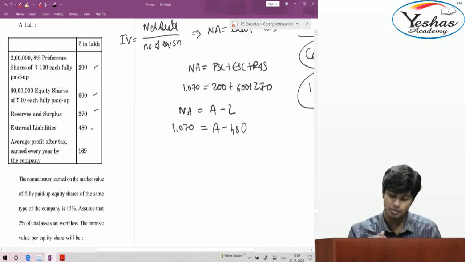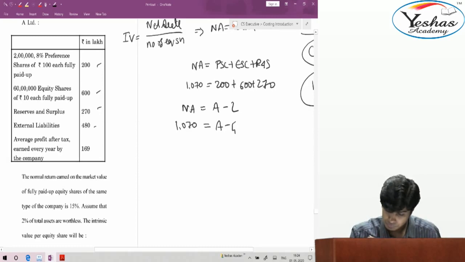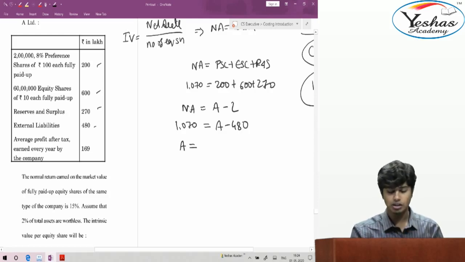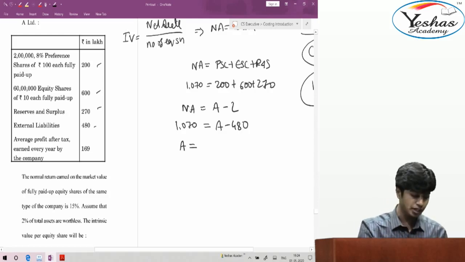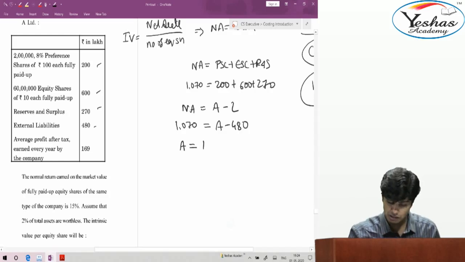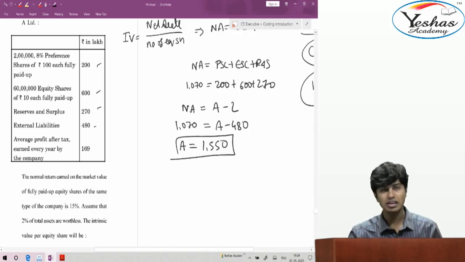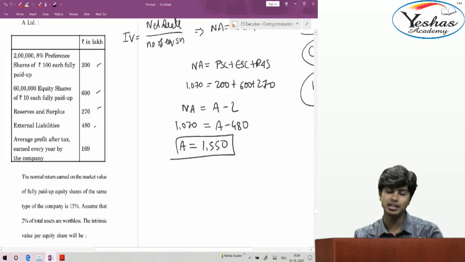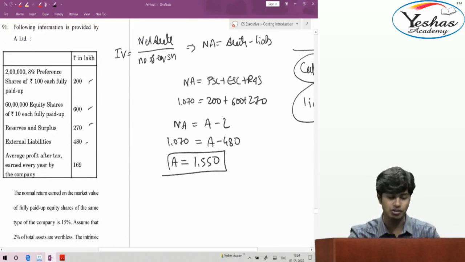So I'll take my liabilities as 480. So if I have to find my assets, it will become 1070 plus 480. That gives me 1550 as my assets. So now I know my assets. If there are any adjustments to these assets, I can do that minor adjustment and then end up finding my intrinsic value. Let us continue reading.